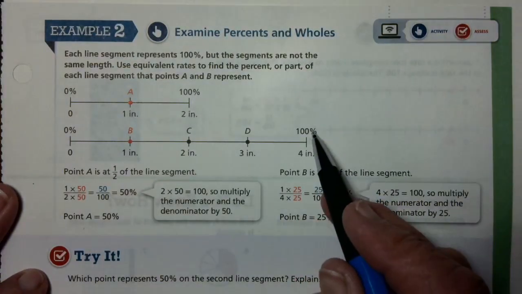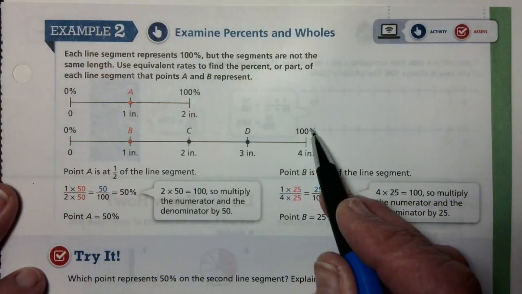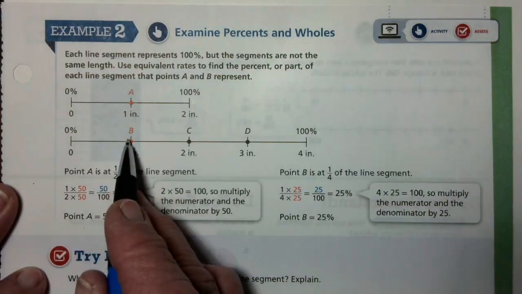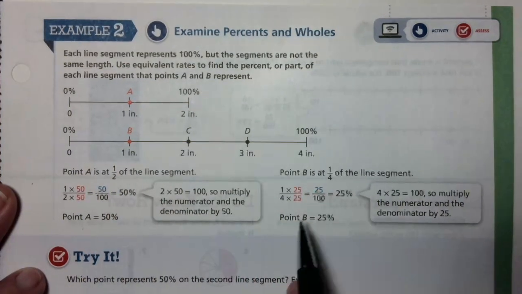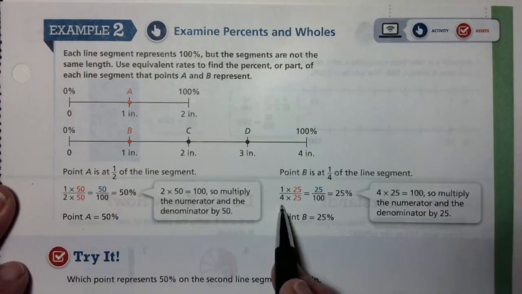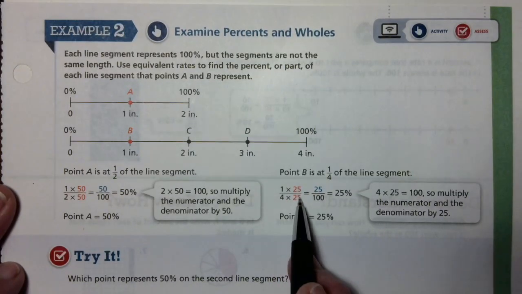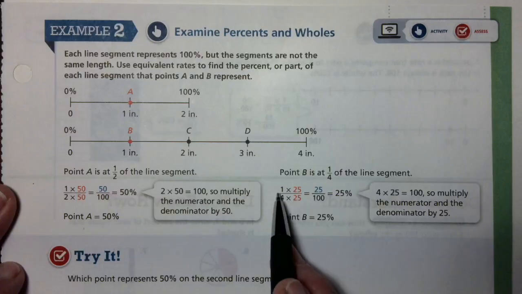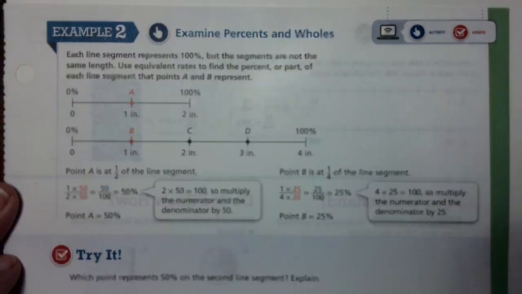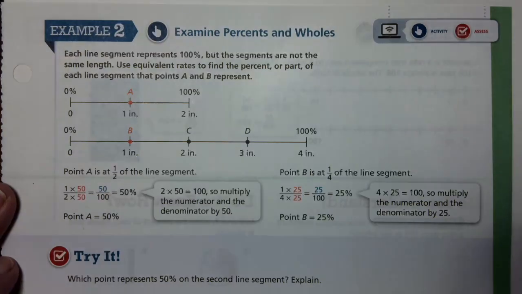So 4 inches is 100%. 4 inches is all of it. So we're going to take, let's see, that's 1 out of 4, 1/4, but we're going to turn it into percent. So we have to multiply 4 quarters to get 100 and multiply 1 times a quarter to get 25. So it must be 25%.